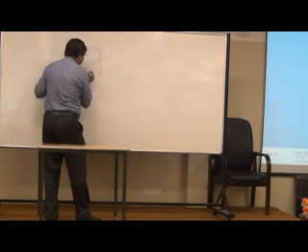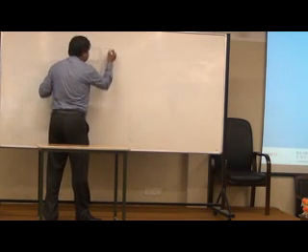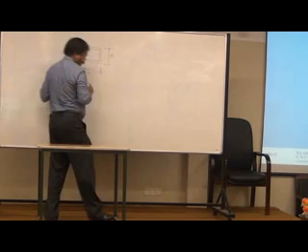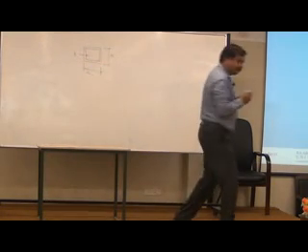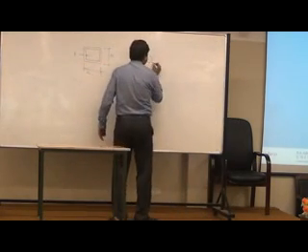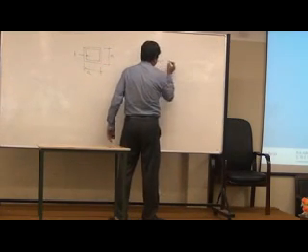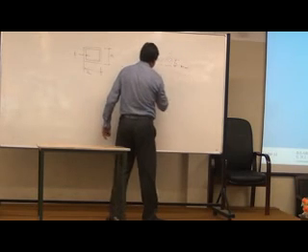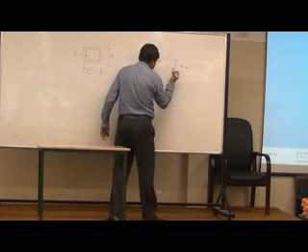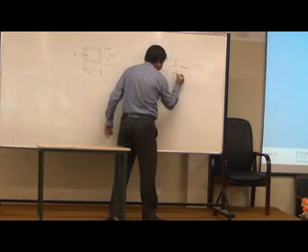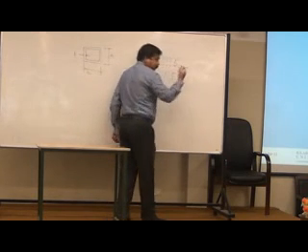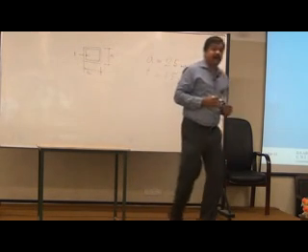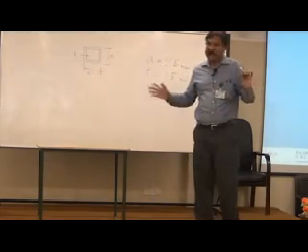This I call A. This is also A. This is T. Say A is 25 mm and T is 1.5. At the end of embodiment design, you have arrived at all these dimensions.